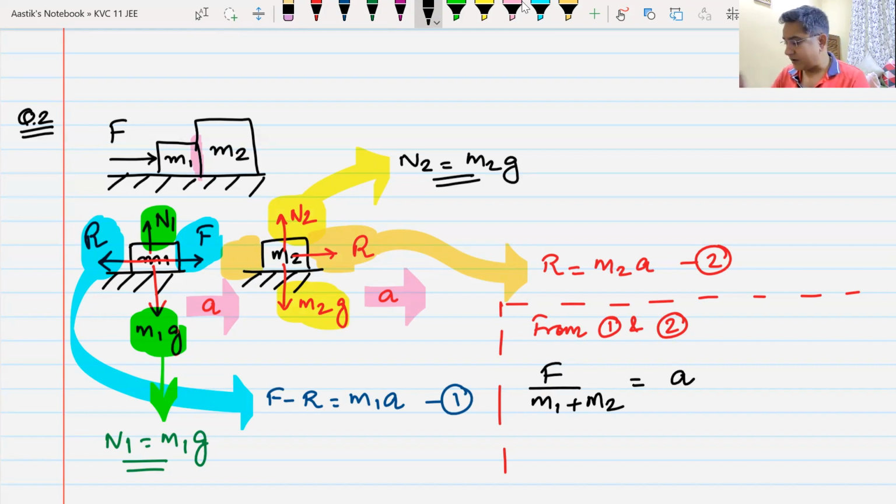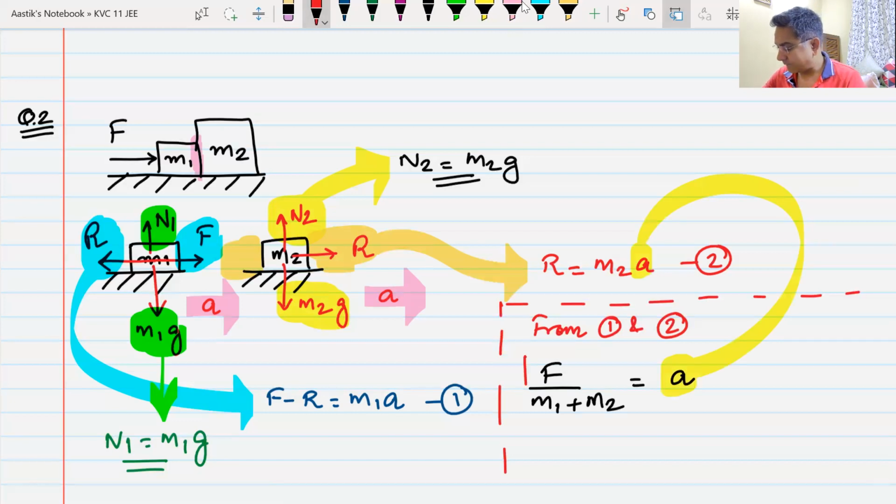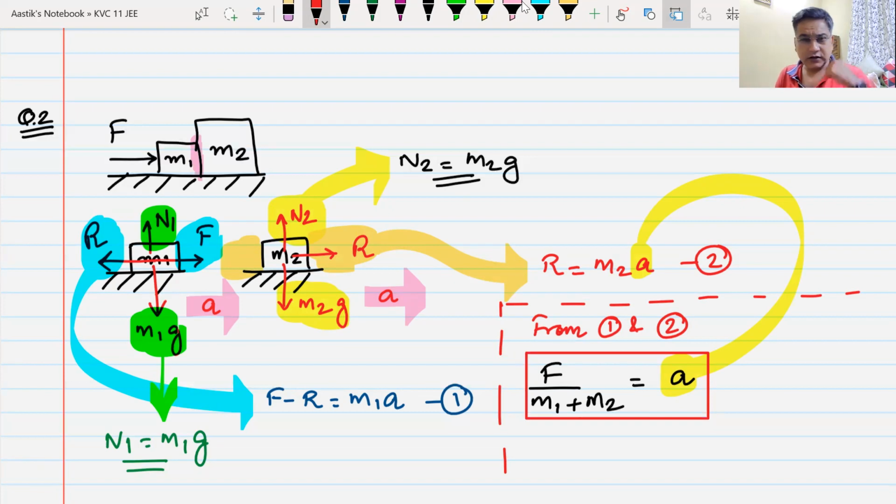Now I can put this value of A in any of the equations and I will get the value of R. The simplest way is just put the value of A in equation number 2 and get the value of R. What is the value of R coming as?